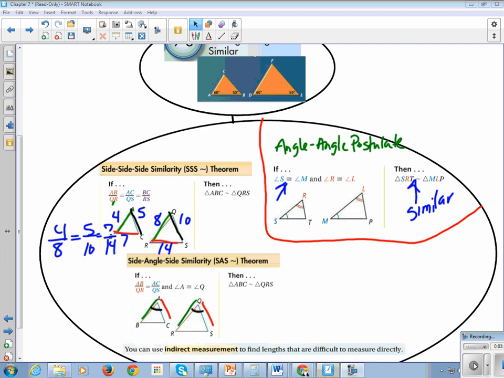All right, so here we're going to talk about indirect measurement. So we are going to use indirect measurement to find lengths that are difficult to measure directly. For example, I am not going to take a measuring tape and shimmy up the flagpole to measure the distance from the ground to the top of the flagpole.